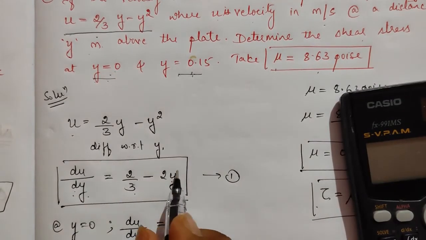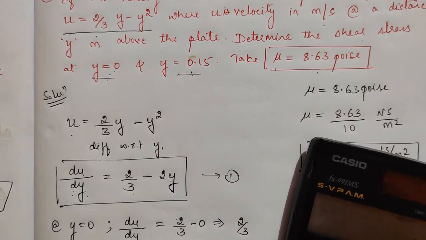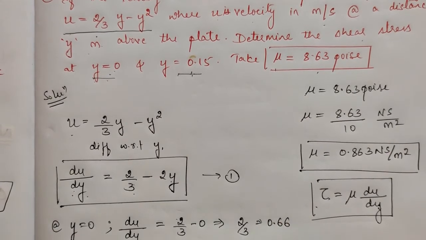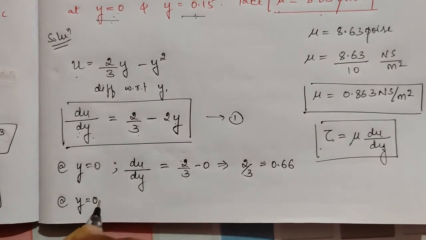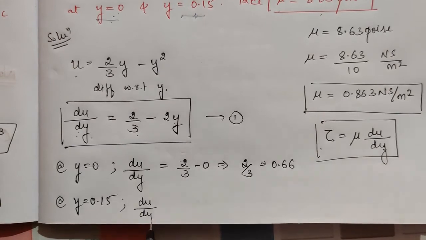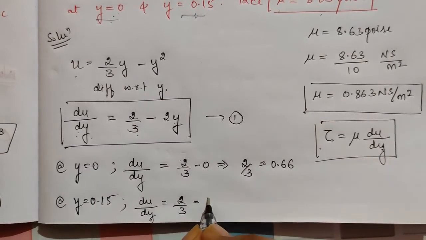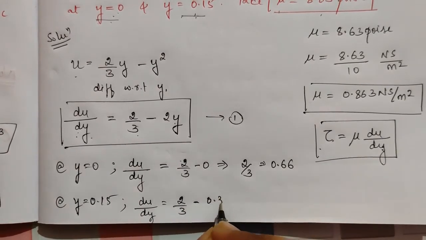So what happens to y? This term will be 0, right? So 2 by 3 minus 0, it will be 2 by 3. If we simplify more, it will be 0.66. Next, at y is equal to 0.15, du by dy is equal to 2 by 3 minus 2 into 0.15, which is 0.3.